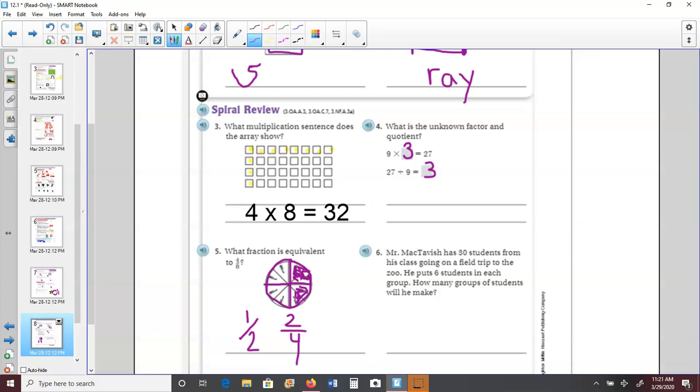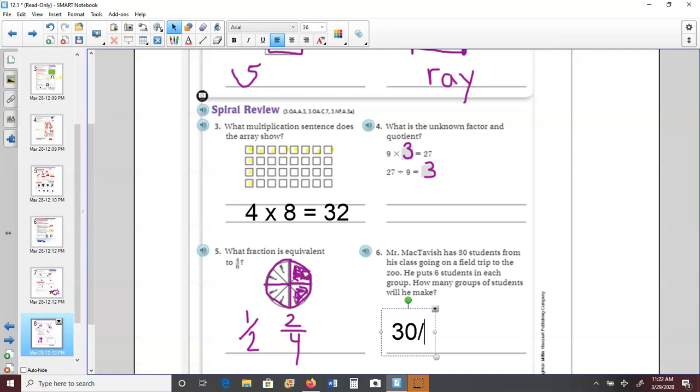And lastly, Mr. McTavish has 30 students from his class going on a field trip to the zoo. He puts 6 students in each group. How many groups of students will he make? Well, if he has 30 students and he is putting 6 students in a group, that means he's dividing. So I'm going to use my fraction bar symbol on the computer to represent division here.